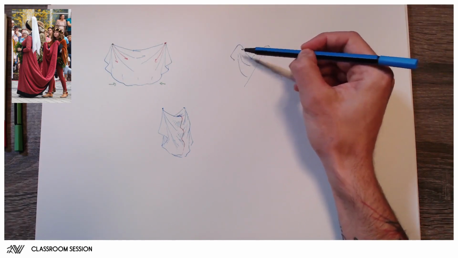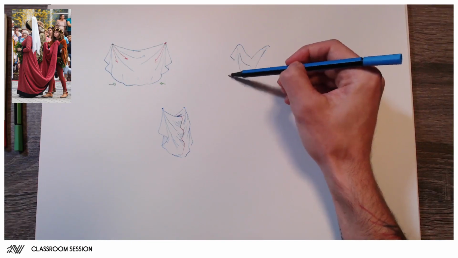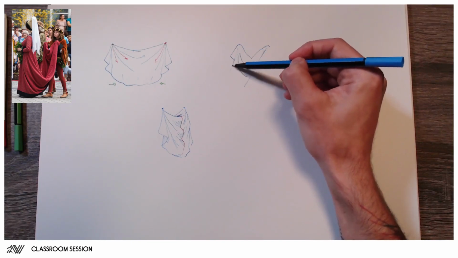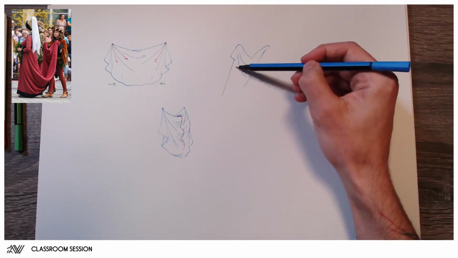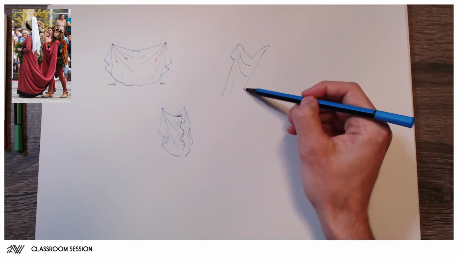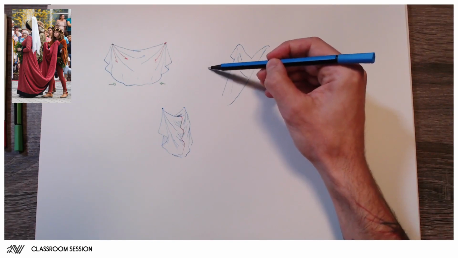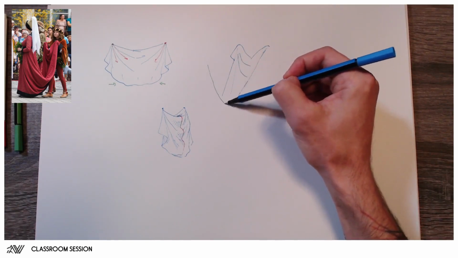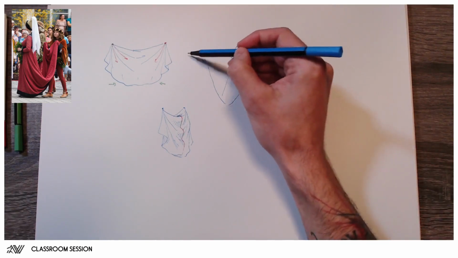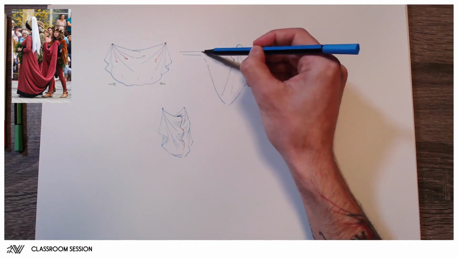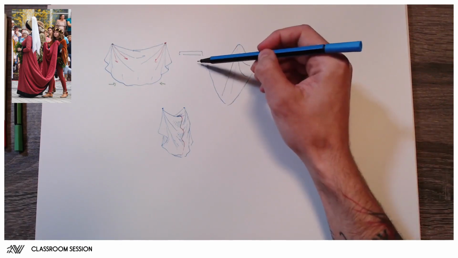There's a small drop fold here. And then this piece of cloth is going up again towards the skirt of that woman. And so this is the belt of the woman, right?